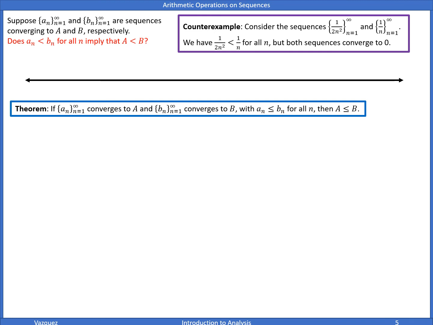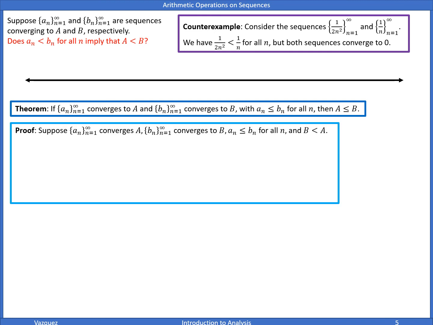Okay, so I'm going to start off with our assumptions. So suppose an converges to a and bn converges to b. And here we have that b is less than a. Right, so an is less than or equal to bn for all n, and b is less than a.